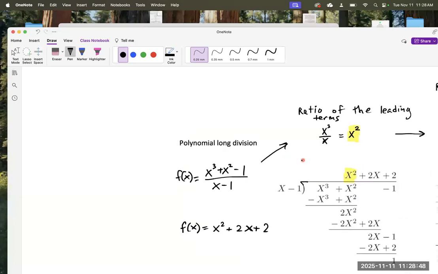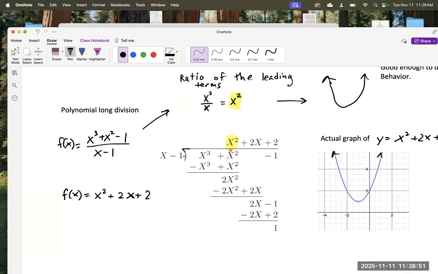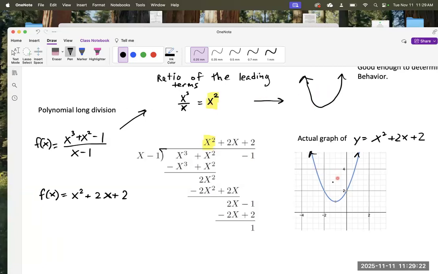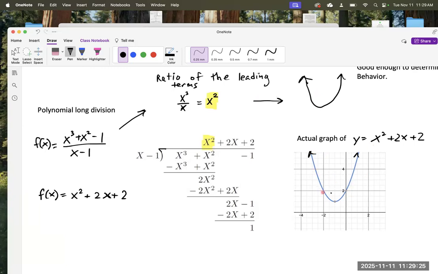And then also you notice that we could perform the full long division here, and that would be a lot of work. But when we do the ratio of the leading terms, we are just focused on the leading term of the answer when we do long division. That gives us a rough draft of the first leading term of the answer, and that graph will match the actual end behavior graph.